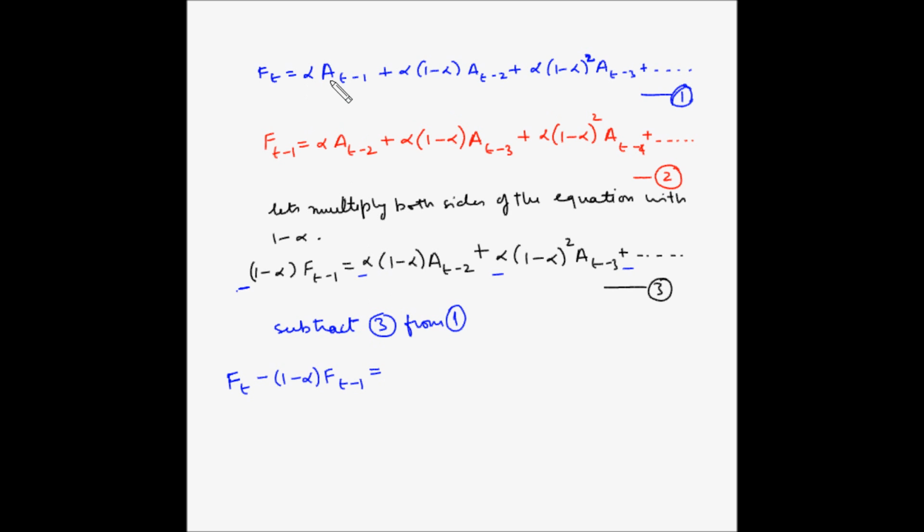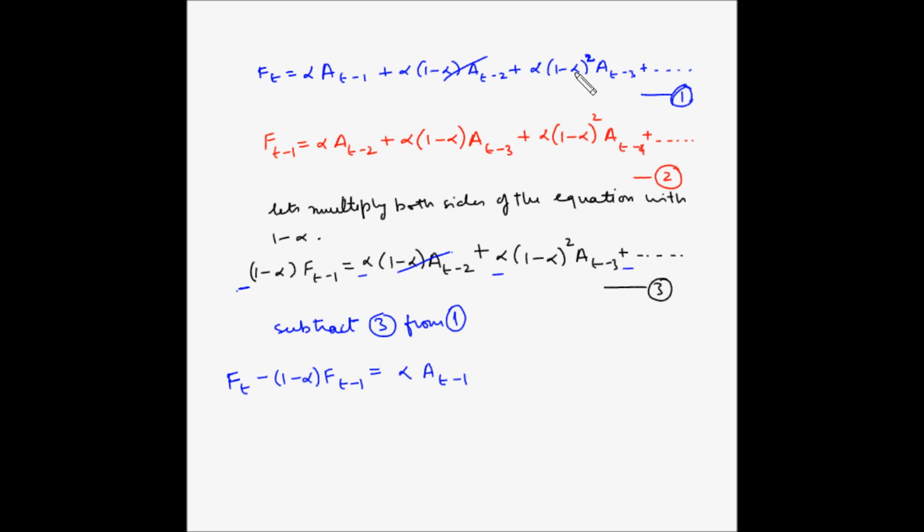Now alpha into at minus 1 is not here, so that will come in the output. Alpha multiplied by at minus 1. Alpha into 1 minus alpha t minus 2, and here we have minus alpha into 1 minus alpha t minus 2. So this will get cancelled with this.